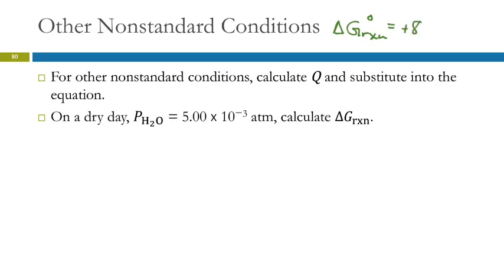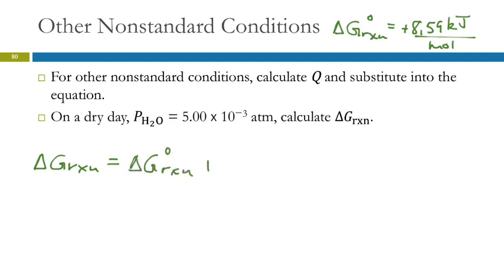It was positive 8.59 kilojoules per mole. The equation is delta G is equal to the standard delta G plus RT natural log of Q.